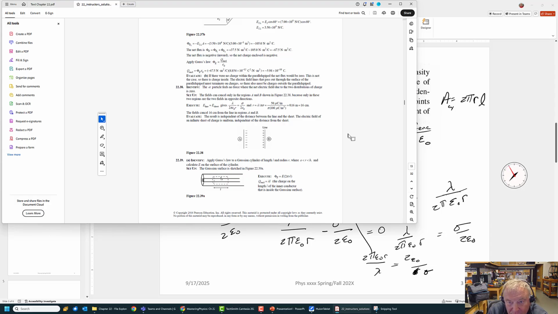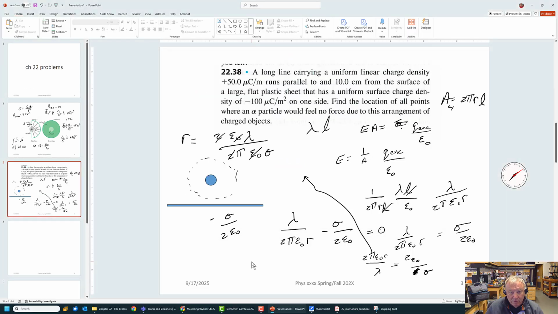Those illustrations are meaningless. It's not an X, because I think the line charge. Yeah, I don't get it. What they draw there doesn't matter.